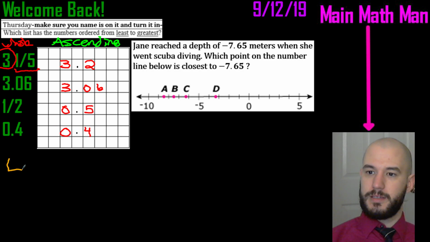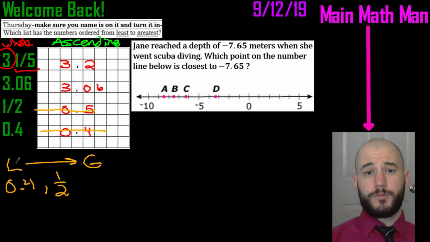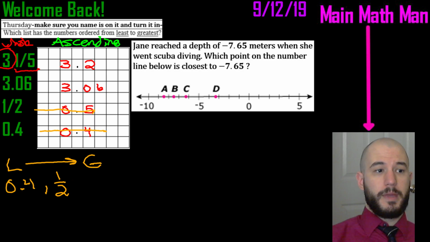So I'm going to say least to greatest. I'm going to make it like that. So I have least, that's going to be that 0.4. You can just put a line through it if you used it. Next, that's going to be our 1/2. So I put a comma, and I say 1/2. Again, you always put it in original form. That way you know what answer choice you would want to use.